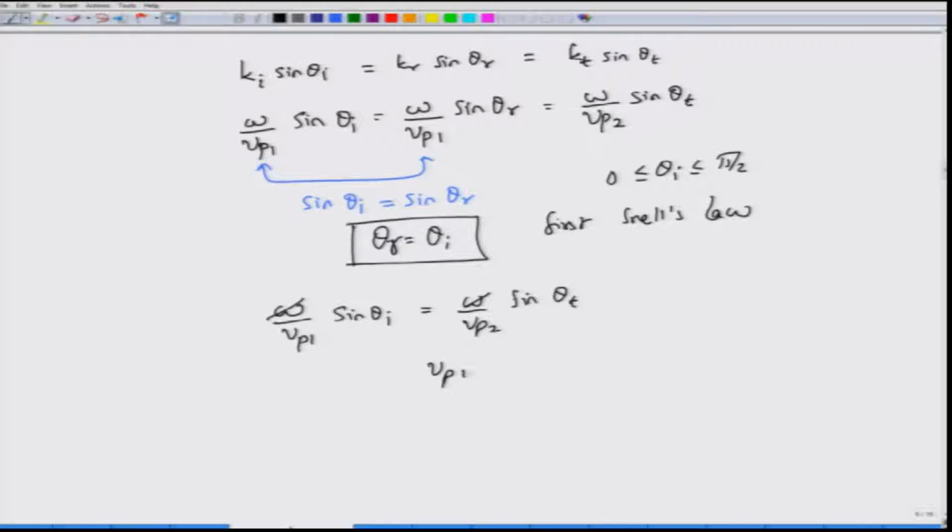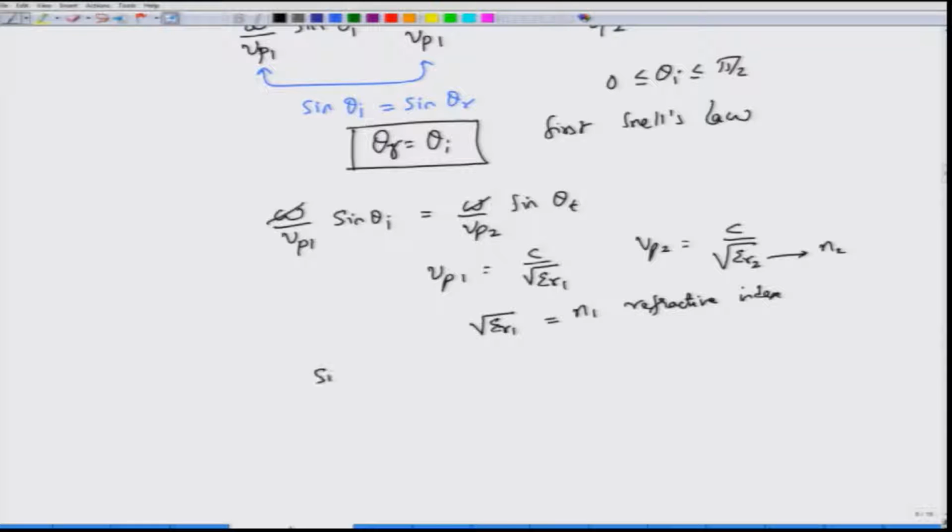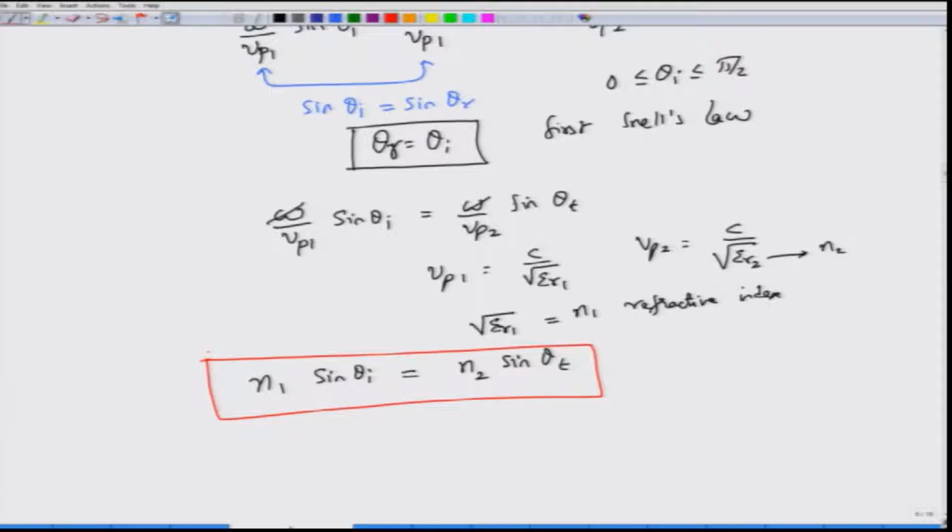Since the phase velocity in region 1 is the velocity of light divided by square root of epsilon r1, and velocity in region 2 is c by square root epsilon r2, and recognizing that square root epsilon r1 is actually the refractive index n1, and square root epsilon r2 is the refractive index n2, what you get here is n1 sin theta I is equal to n2 sin theta t. So, if you know your boundary conditions, you do not have to remember what is Snell's law, you can derive Snell's law from this.